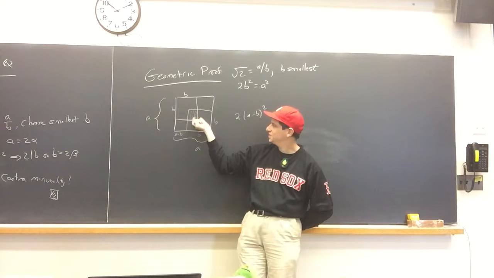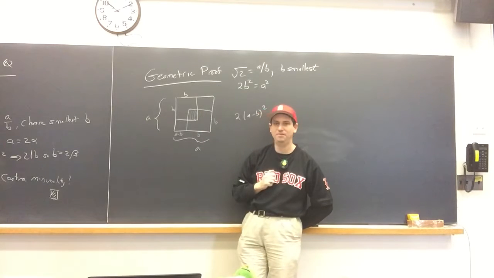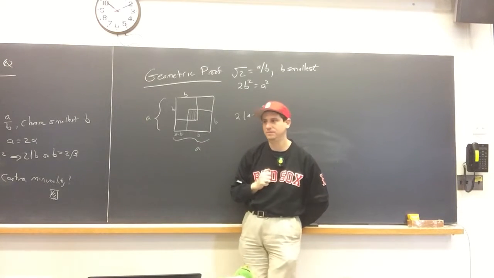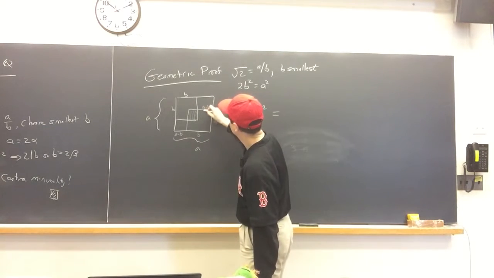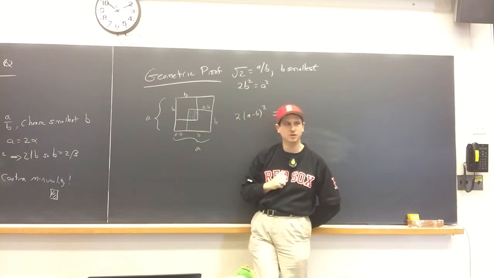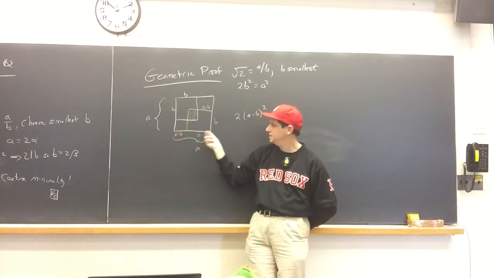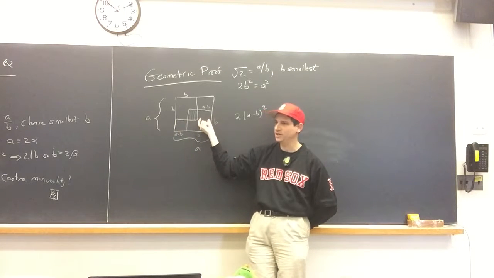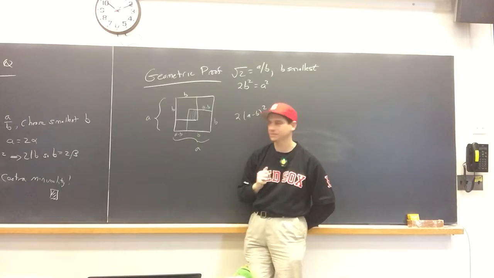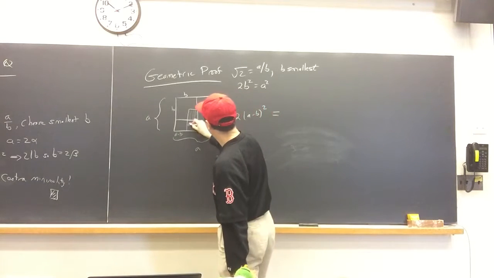Now we need to figure out what's the length of that one. If the whole length is a, and this is a minus b over here, and this is a minus b over here, this length would be a minus twice a minus b.